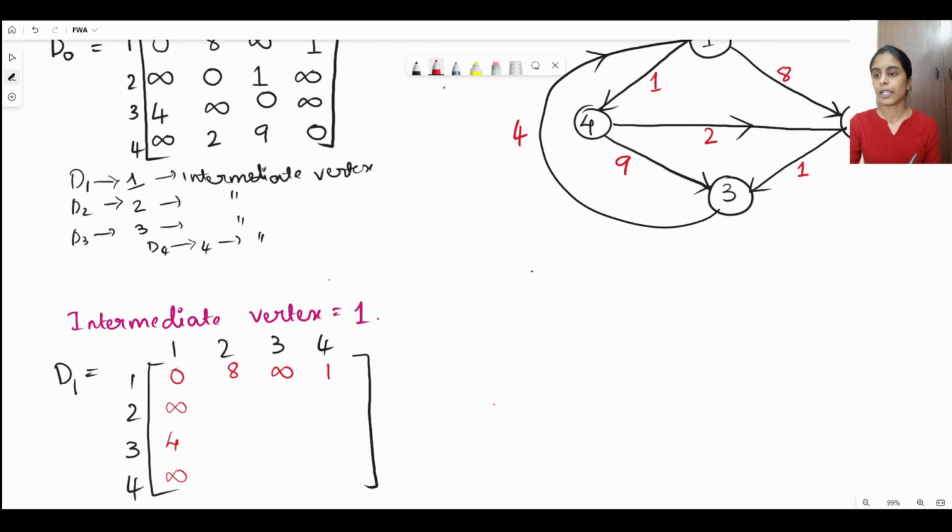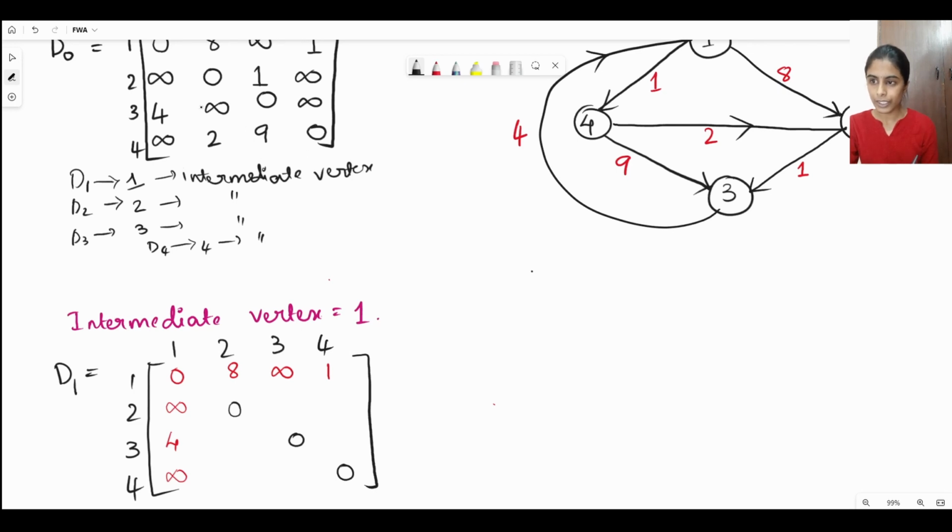So this is how I retain this matrix. Now, since we know that the diagonal entries are all 0 because we have no self loops, we enter the diagonal entries as 0. Now for the remaining entries in the matrix, we look at the D0 matrix.